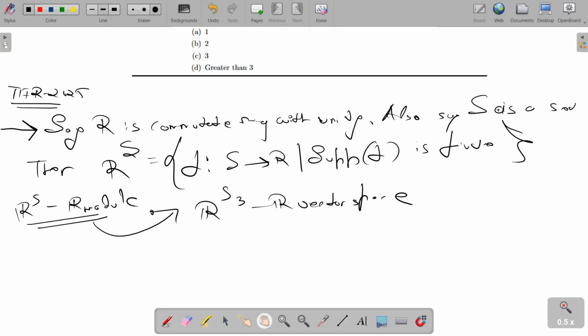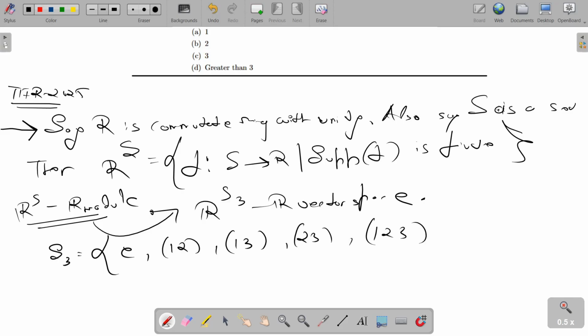Once again, what is R power S3? It's all functions from S3 to R with finite support. Since S3 is finite, we don't need to care about that part. Now what about the dimension? It will be spanned by all the characteristic functions. Let me write S3 here: the identity element, three transpositions (1 2), (1 3) and (2 3), and the three cycles (1 2 3) and (1 3 2).